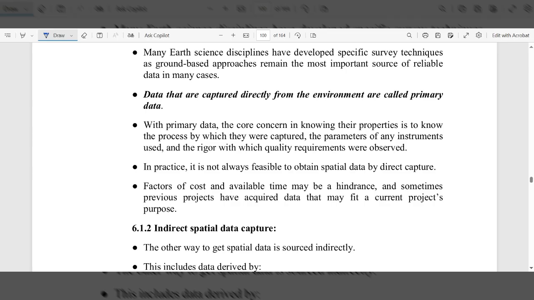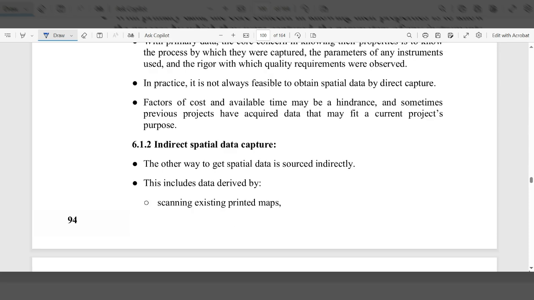So in practice, it is not always feasible to obtain spatial data by direct capture. So the factors of cost, available time, and hindrance, and sometimes previous projects have acquired data that may fit a current project purpose.